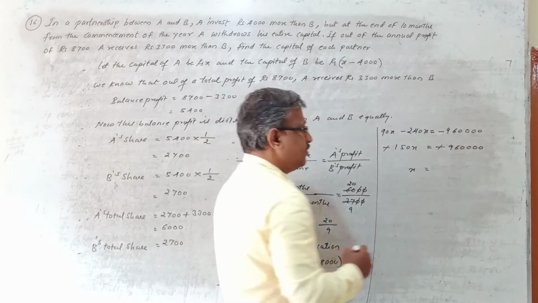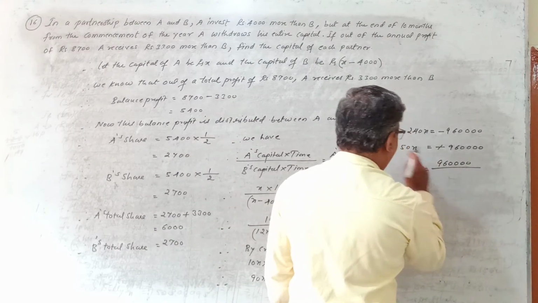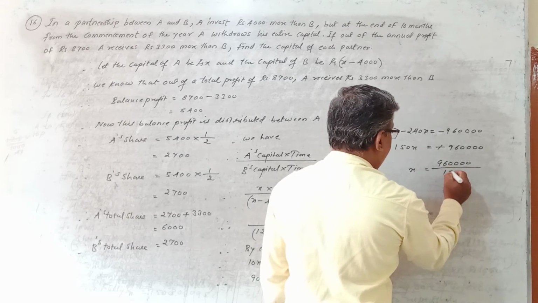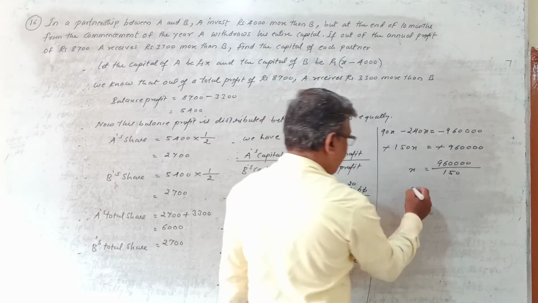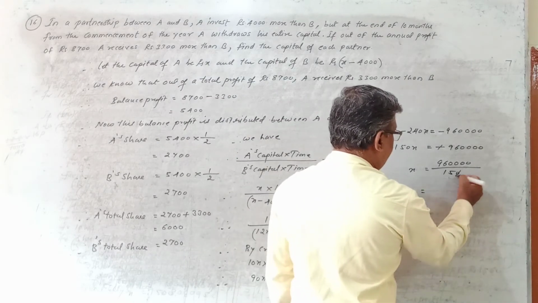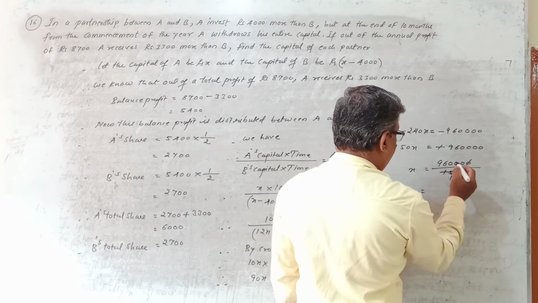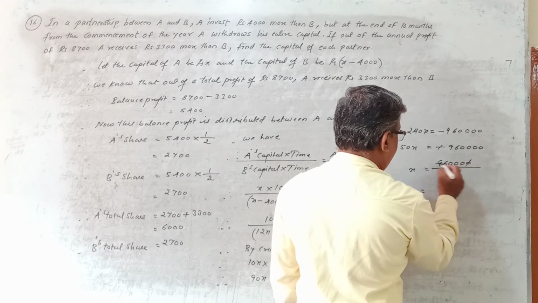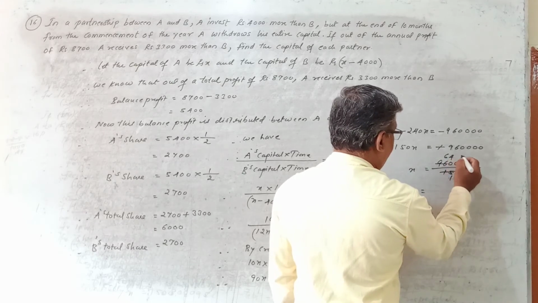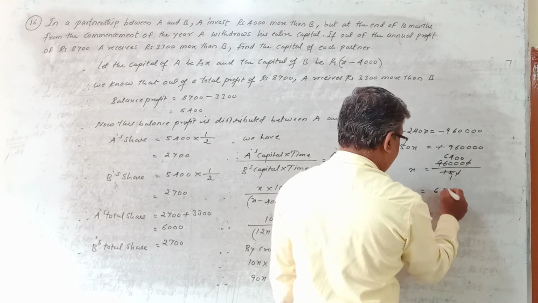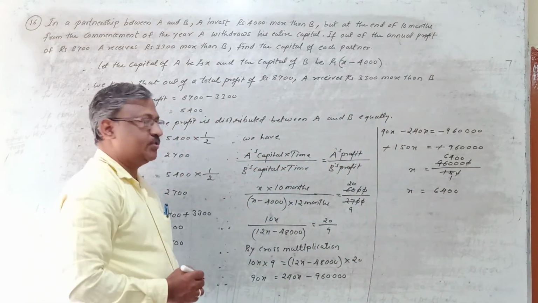So x is equal to 9,60,000 divided by 150. Divide this: the zeros get cancelled, 15 sixes are 90, 15 fours are 60, and we get 6,400. So the x value we have got is 6,400.